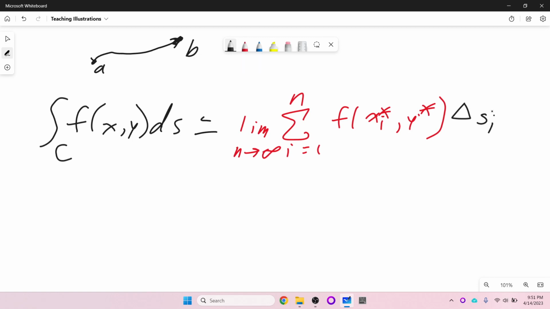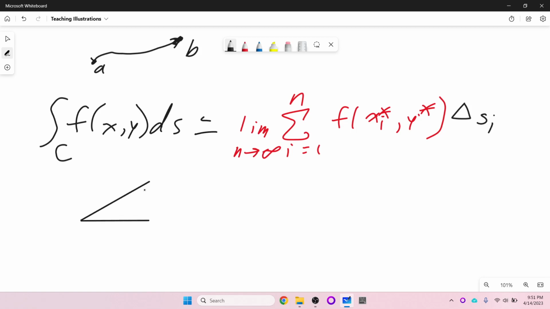Okay, so how are we going to do this integral in practice? Well, in practice, we need to rewrite ds to be in terms of x and y, or even better, in terms of t. So let's go back to our arc length formula. If you don't remember it, we can review real quick.